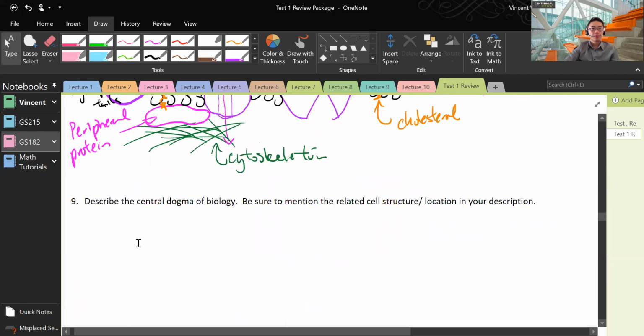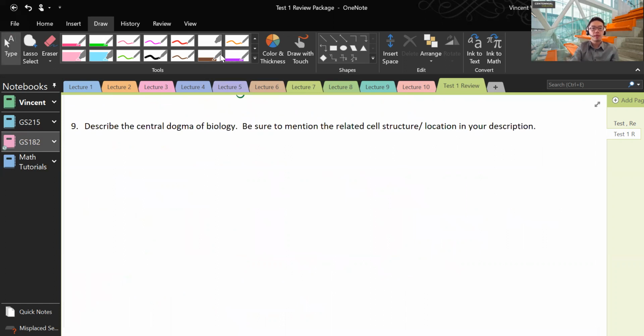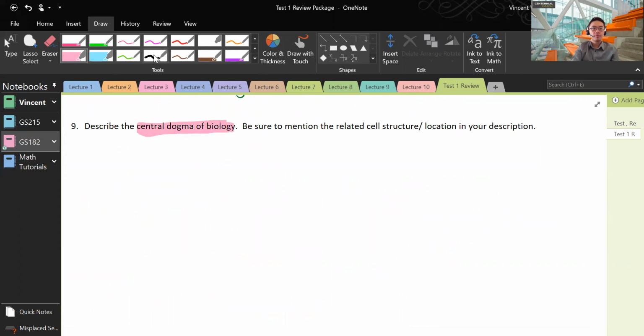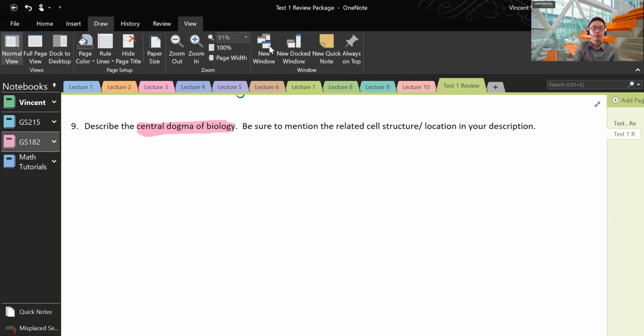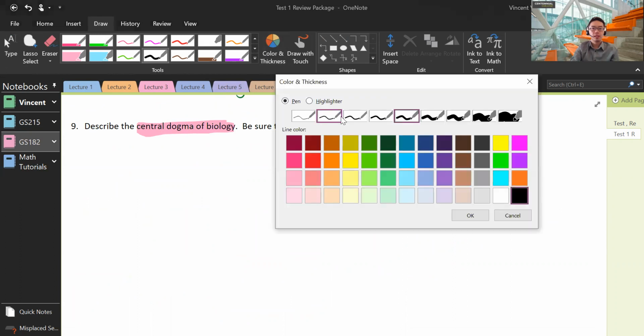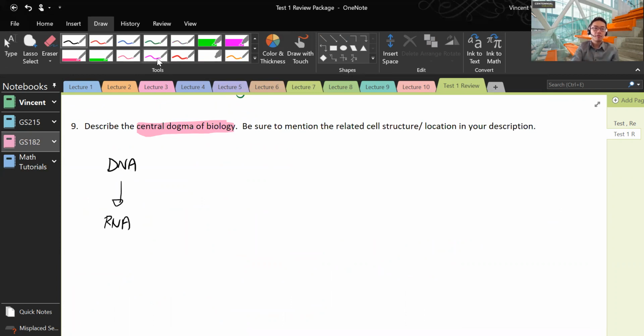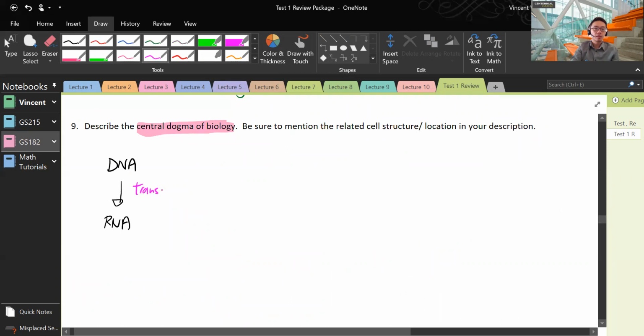Good. Next one. Describe the central dogma, the central theme of biology. Okay, so basically we start with the DNA in the nucleus. That's gonna be copied in the process of transcription.